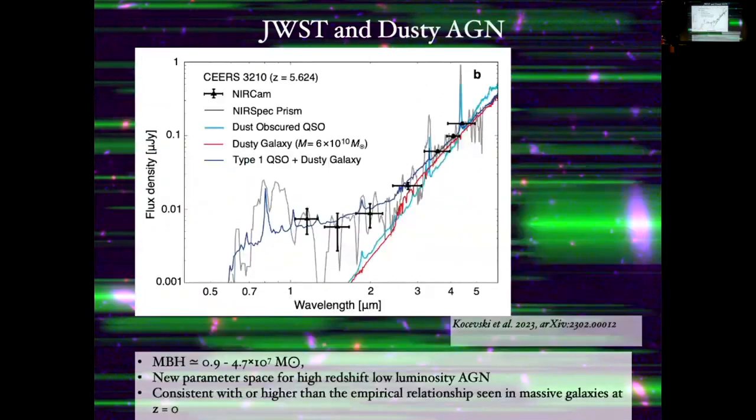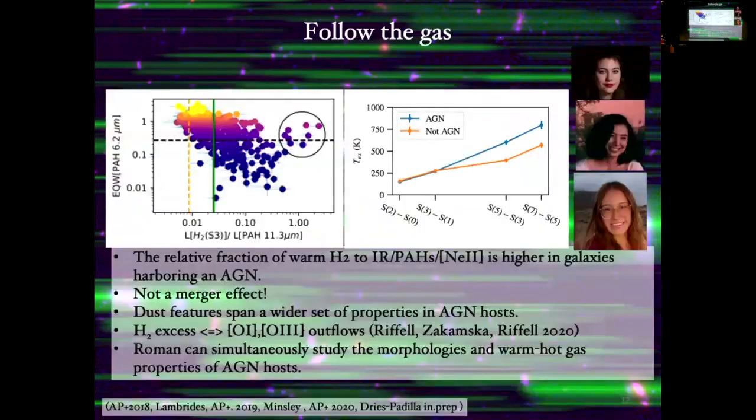This was from today. We are also finding black holes at lower masses, and we will follow them up to find their merger properties. But to understand how the black holes are growing and how their hosts are being impacted, we want to follow the gas.